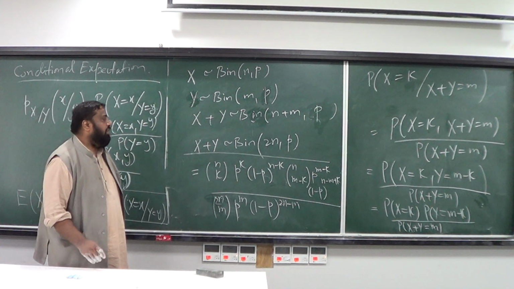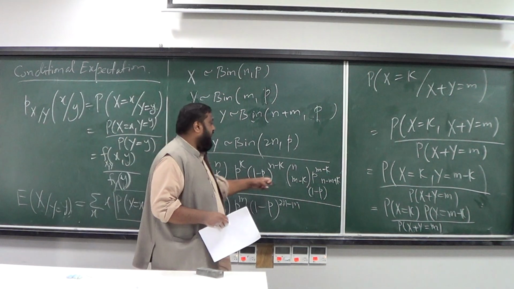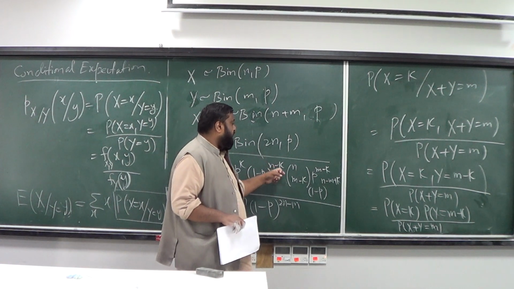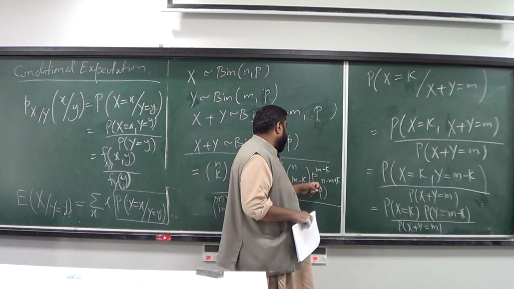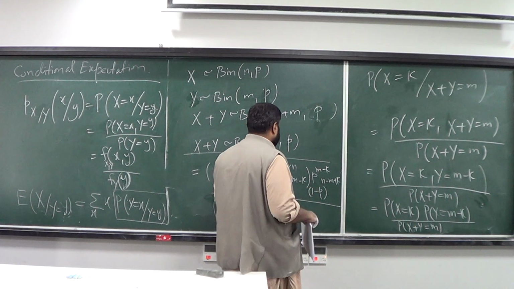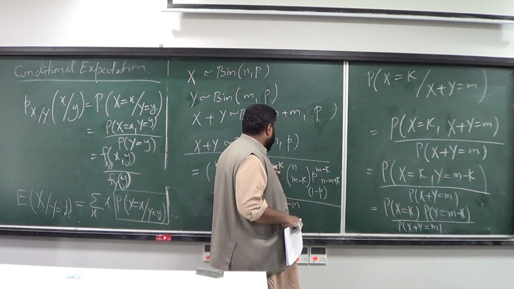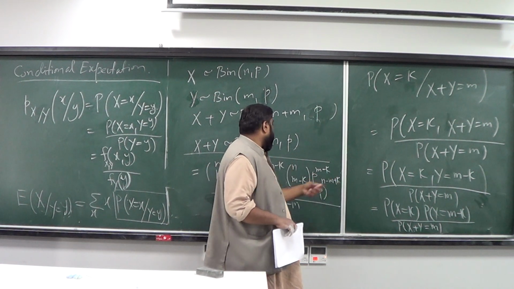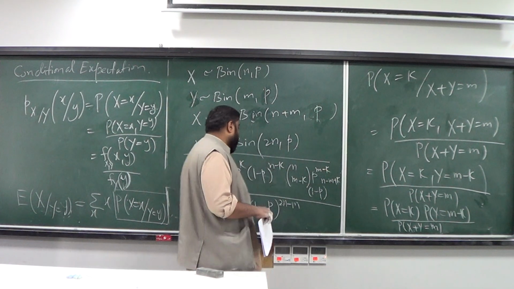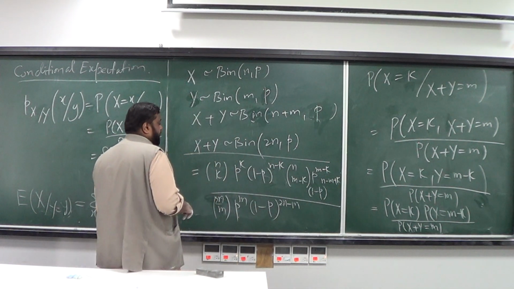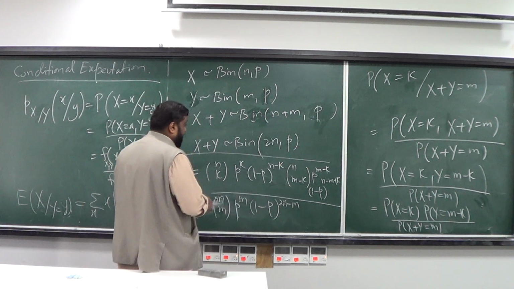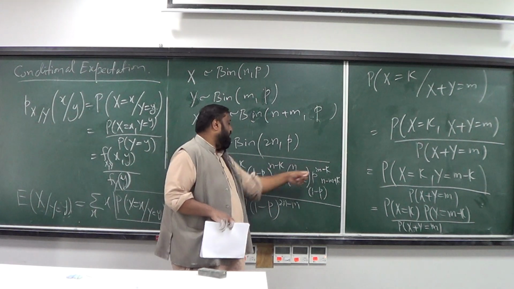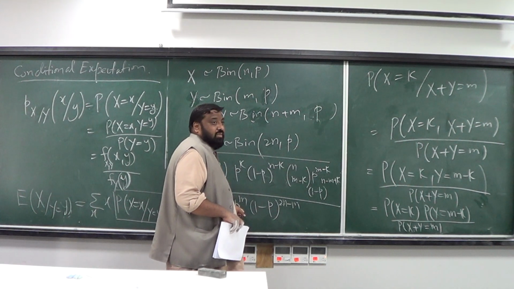Now, if you simplify it a bit, the p power k will be cancelled with p power minus k, and the p power n minus k would be cancelled with the other term. In other words, if you sum them up, this is going to be 1 minus p power n minus m, because k and k will cancel out, and here also the k and k will cancel out. So you're going to remain with p power m, but the p power m is also here.